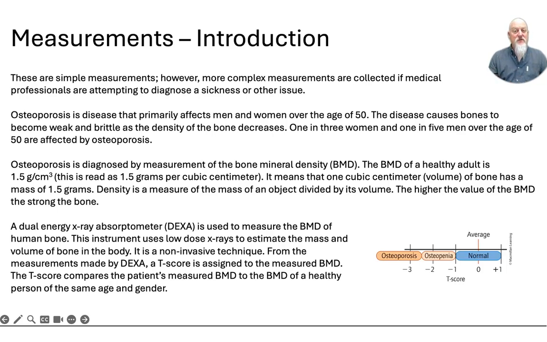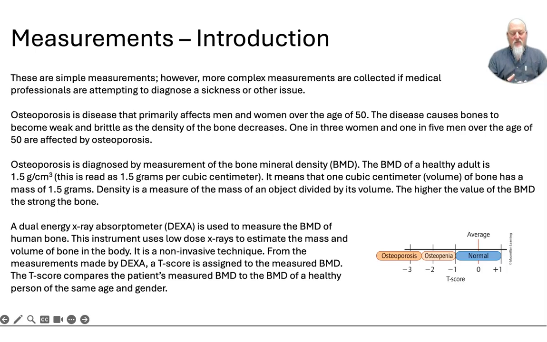A centimeter cubed is also a milliliter. So 1 cc, cubic centimeter, is equal to 1 milliliter. So when we're talking 1.5 grams per centimeter cubed, that's basically saying that if we take a milliliter of bone, it should have a mass of 1.5 grams on average for a healthy human.